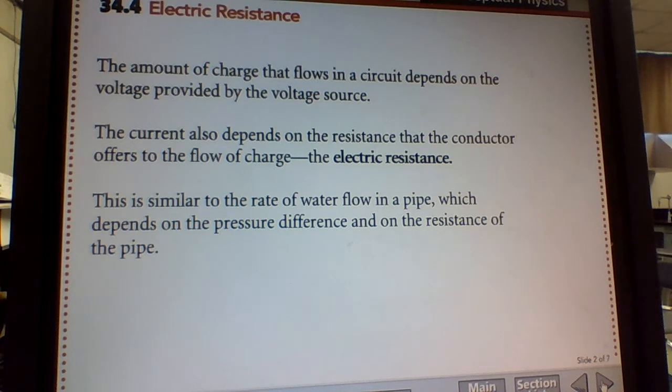He did a lot of tests to find out, well, how does one substance pass electricity compared to another? And so again, this is similar to the rate of water flow in a pipe. If you put a bunch of rocks into your pipe, the water's not going to flow as well. It's going to encounter resistance. And so bigger resistance means less current can flow.